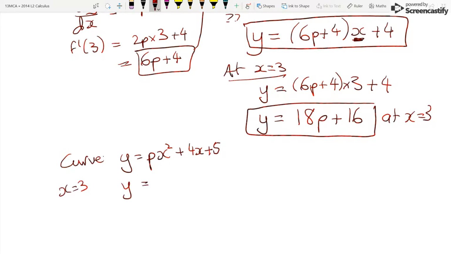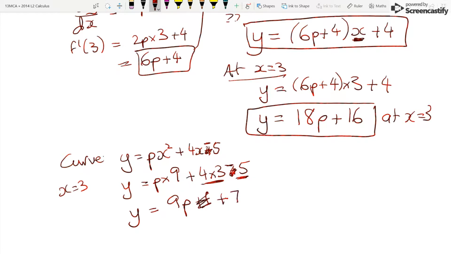Well, y will equal p times 3 squared, 9, plus 4 3s, minus 5. So y is equal to 9p plus 12 minus 5. That's not a plus, that's a minus. It would help if I copied the equation down correctly. Sorry about that. Right, so we've got 9p plus 12 minus 5 gives me plus 7.